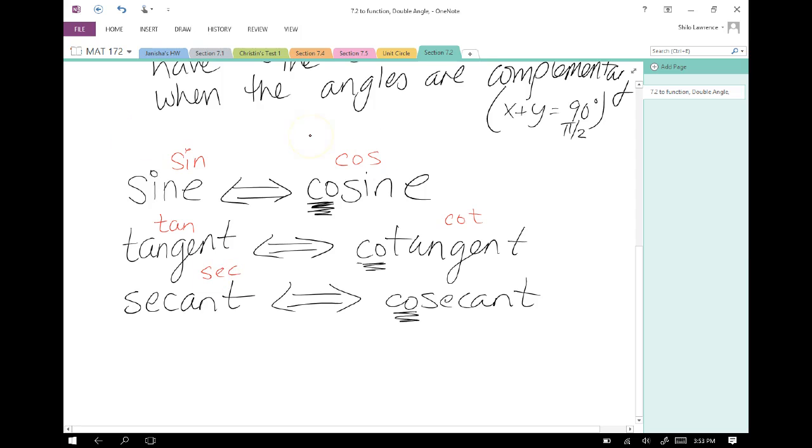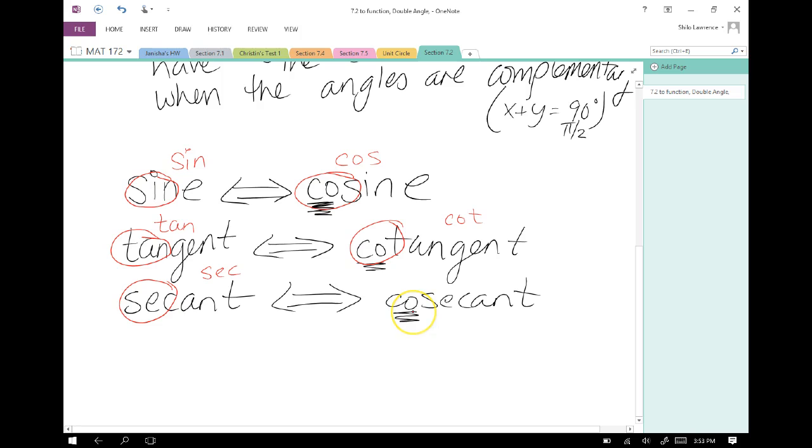So far, all 5 of those trig functions have just used the first 3 letters of their name. For cosecant, this is our one oddball where we can't do that. We can't use the first 3 letters because we've already used cos for cosine.